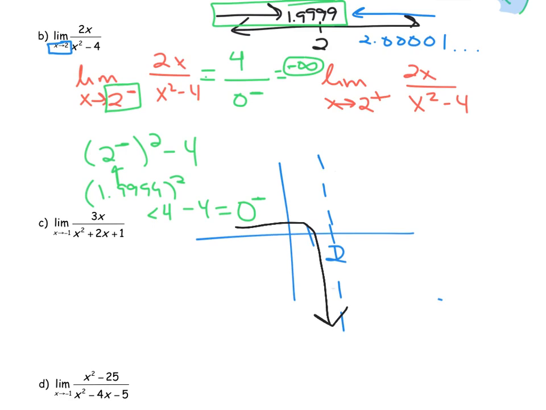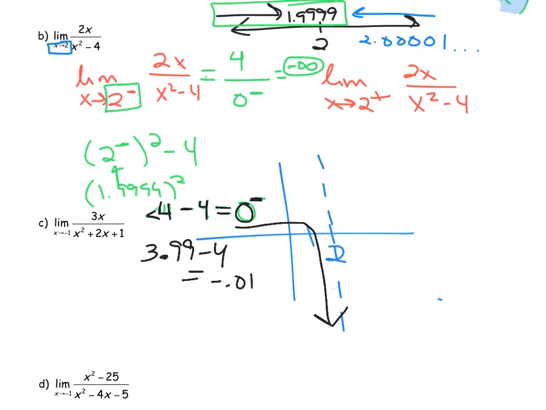So if I have a number that's smaller than 2 squared, it's going to be less than 4. And a number that's smaller than 4, taken away from 4, is going to be 0, but a negative value. So picture this as something like 3.99 minus 4 is negative 0.01, just as an example. So it's super close to 0.